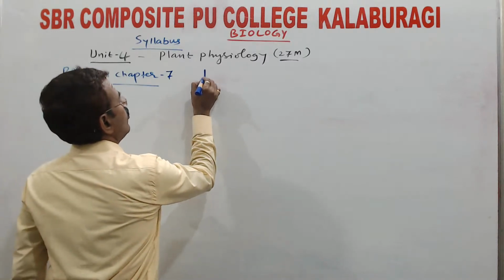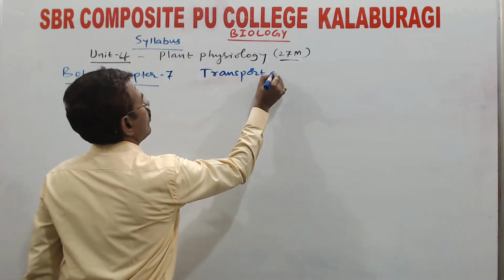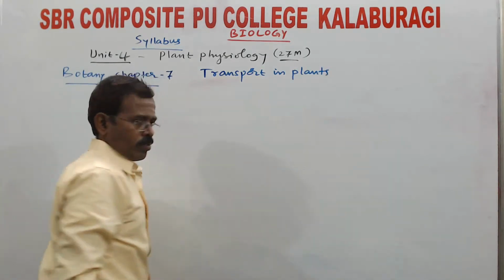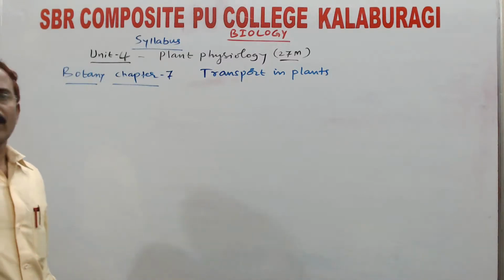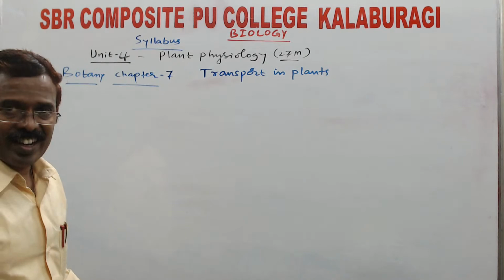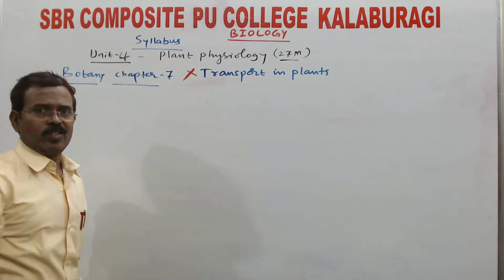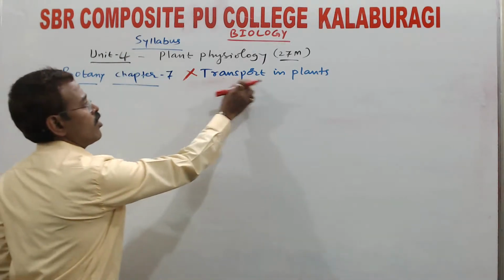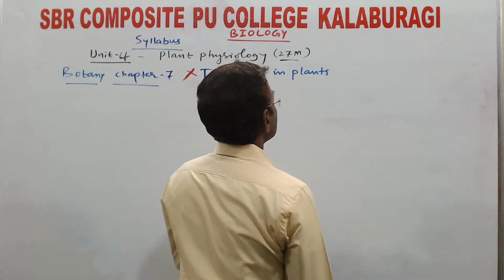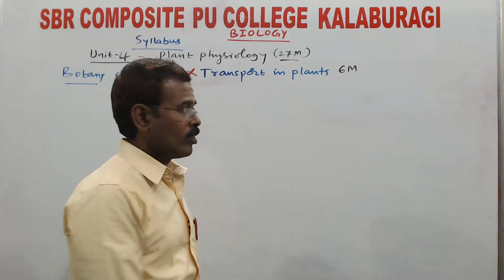We have transport in plants, a very big chapter. This chapter has been deleted from the syllabus for this academic year. Transport in plants is going to cover 6 marks.